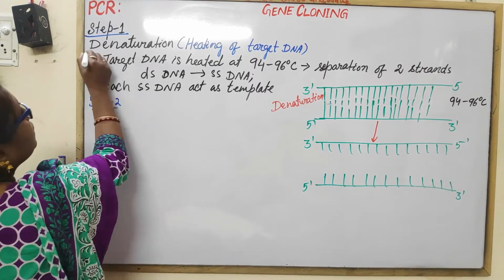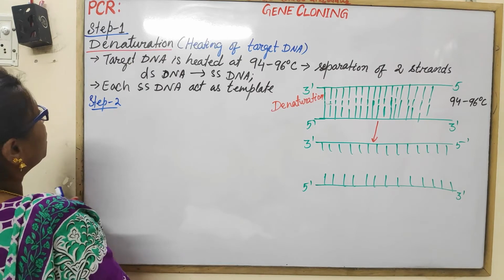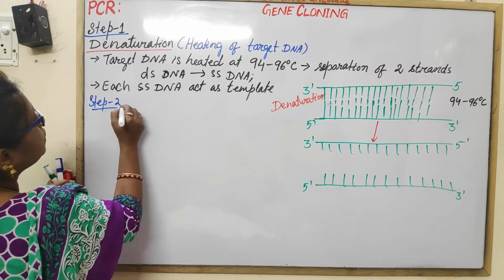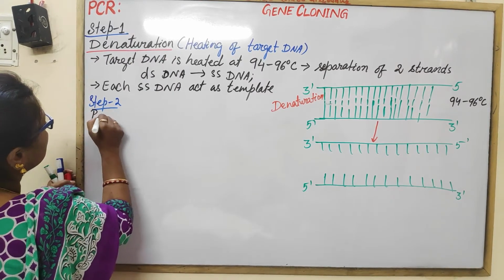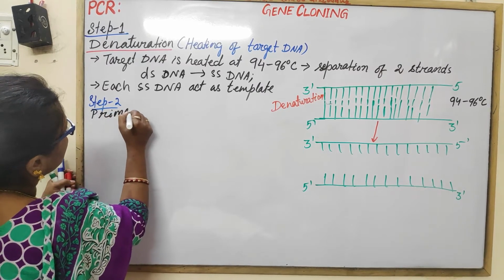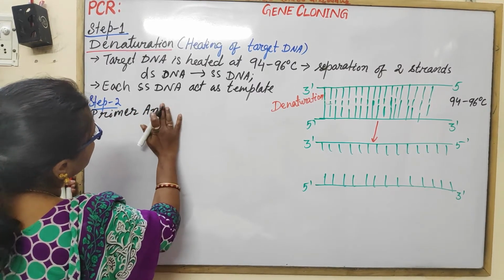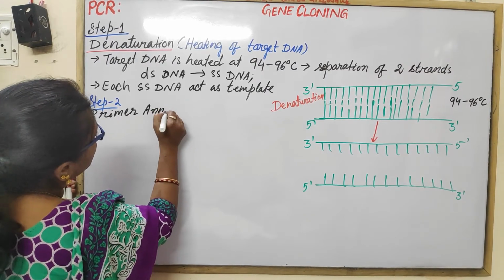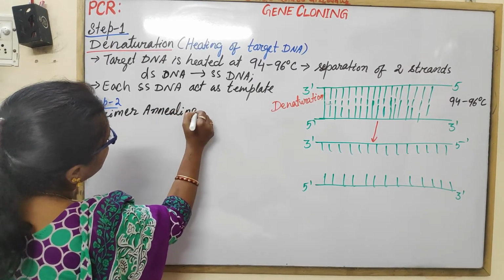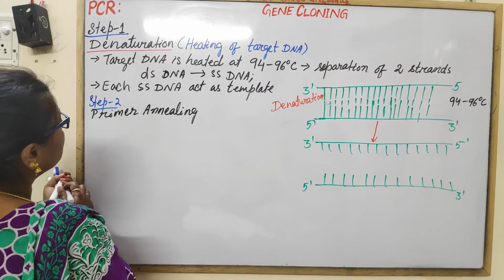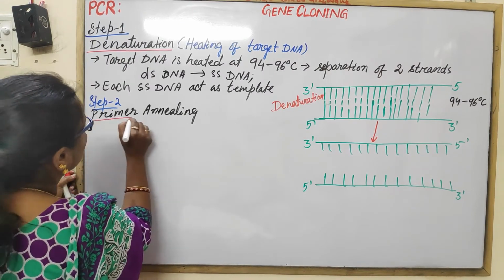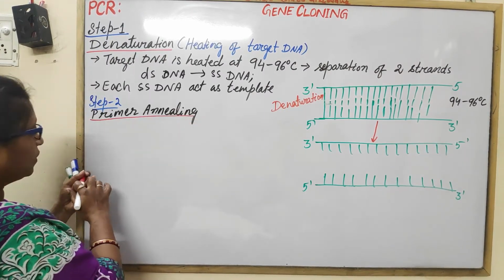Step 2 is primer annealing. This was denaturation. Now step 2 is primer annealing: annealing of the primer at the 3 prime end.